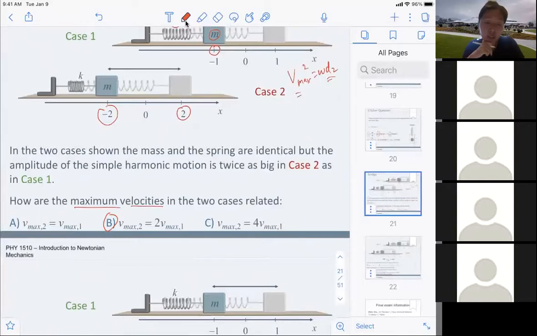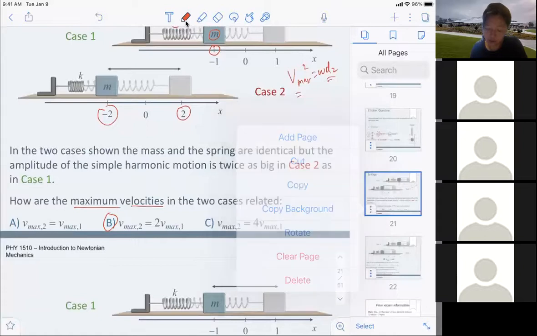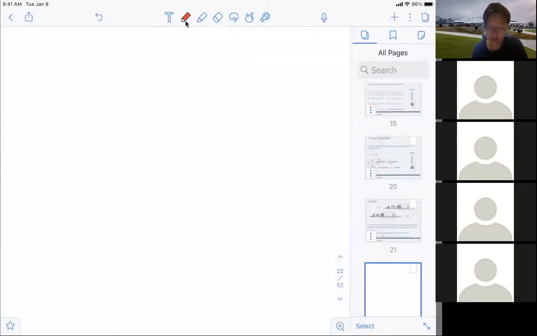You can also answer this question using the energy perspective. You probably were wondering, okay, if I double my amplitude, am I giving the oscillator 4 times the energy? Yes, you did. So in case 2, you gave the mass m 4 times the energy as case 1, because the elastic potential energy is 1/2 kx squared, right?